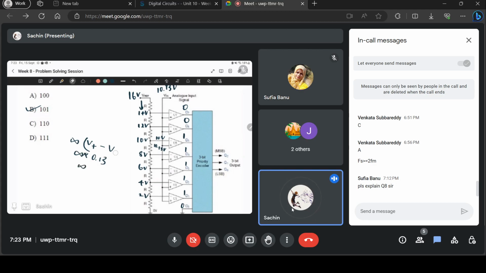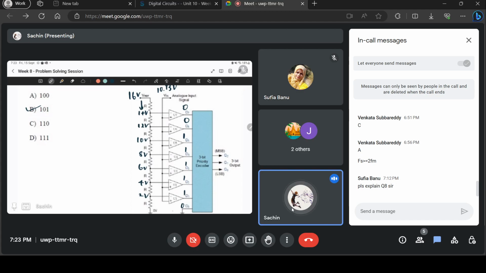But practically it's not infinity, it's some very high number. The second limitation is that it's connected to some supply voltage, so it can only go up to that supply voltage level. For our purposes, we can take that as logic high. So that third comparator goes to 1.